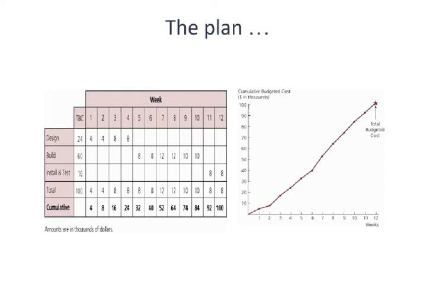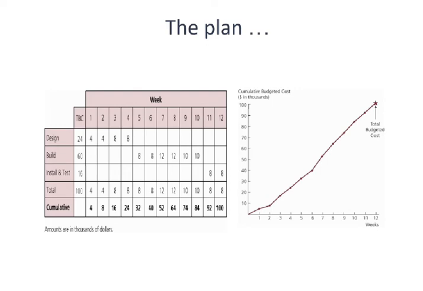So, focus just a little bit longer on the table on the left. You will see at the very bottom the cumulative. This is basically the CBC in numerical form. The bold row at the bottom is the cumulative budgeted cost. In week 1, we've spent $4,000 total on the project.